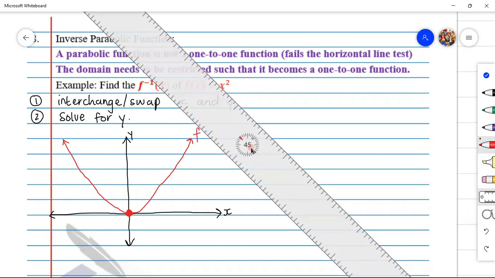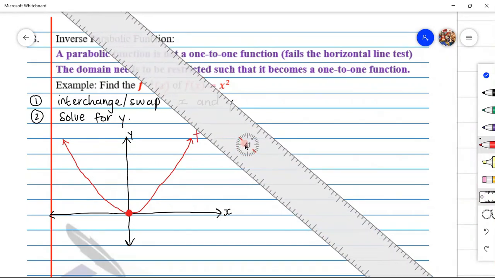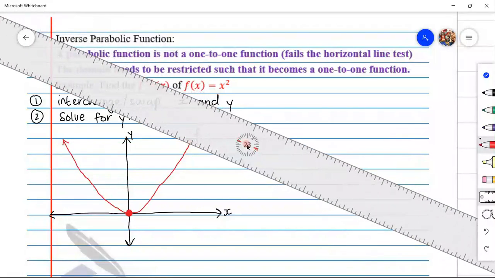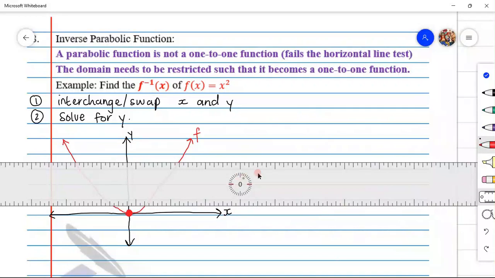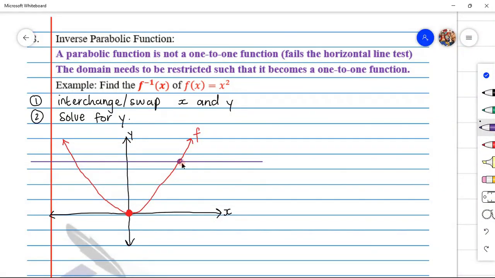Now, if we were to use the horizontal line test, by placing our ruler horizontally across the function, we would be able to see that this function fails the horizontal line test because our line intersects the function at 2 points.